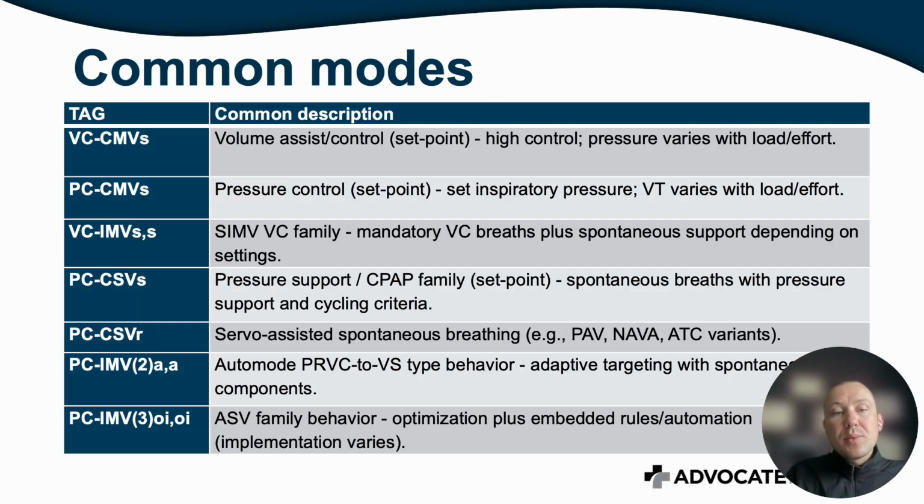So here are some common modes and their names, both in common language and in tag language, that describe what they are, and some of the ones that might be very familiar to you, like SIMV.